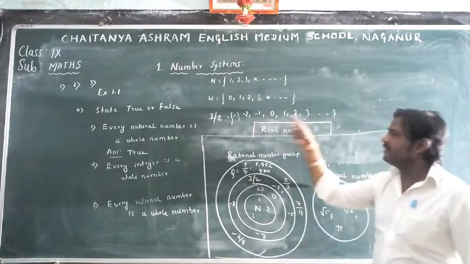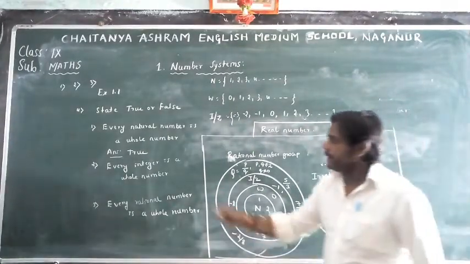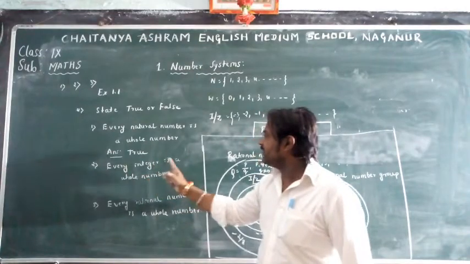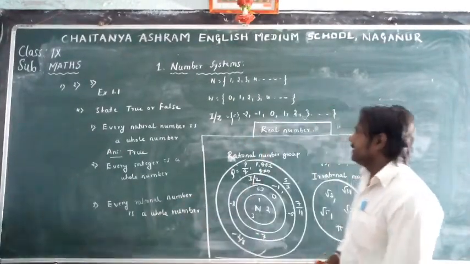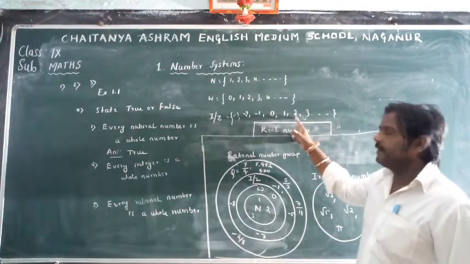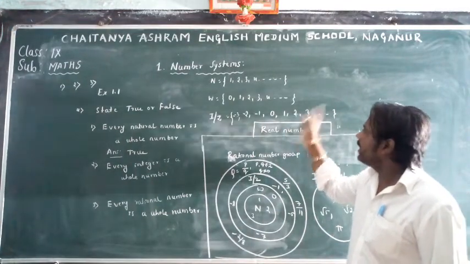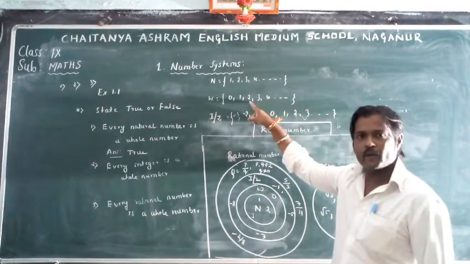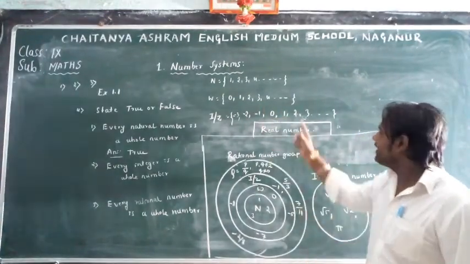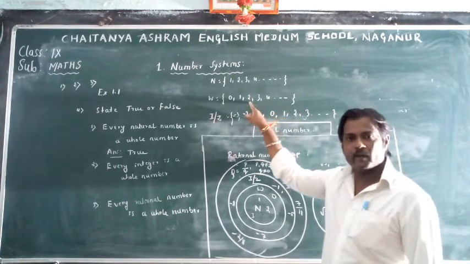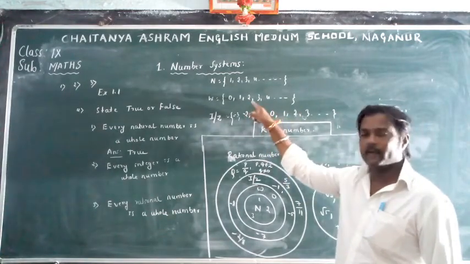This is the set of integers. Every integer is a whole number. Consider the integer 2. 2 belongs to the set of whole numbers. So here 2 is a whole number.